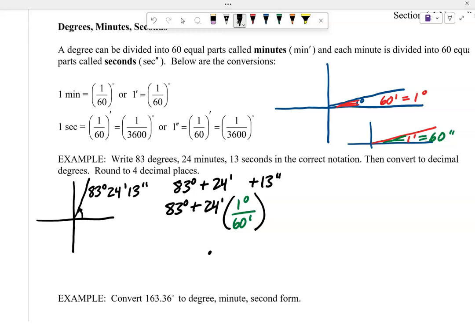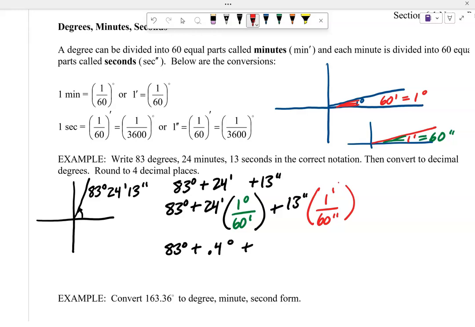This is 0.4 degrees. So far I have 83 degrees plus 0.4 degrees plus, now I have to do the 13 seconds. Let's convert that to degrees. First, let's convert that to minutes. For every 1 minute, there are 60 seconds.